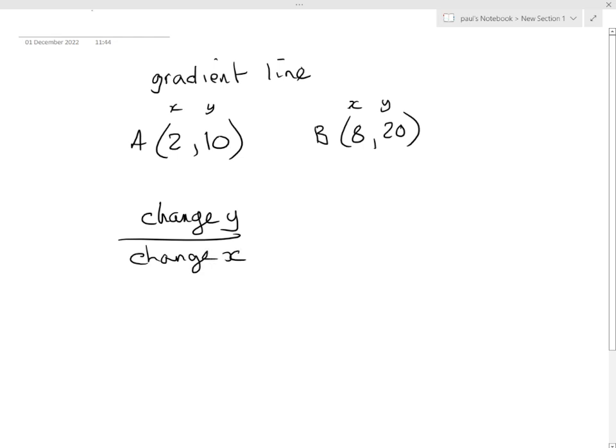So the change in y is the difference between 10 and 20. It's positive because 20 is bigger, so we're going to go up 10. So that equals 10. And the change in x is from 2 to 8, which is 6. So that's 10 divided by 6. That was a bit awkward, wasn't it?